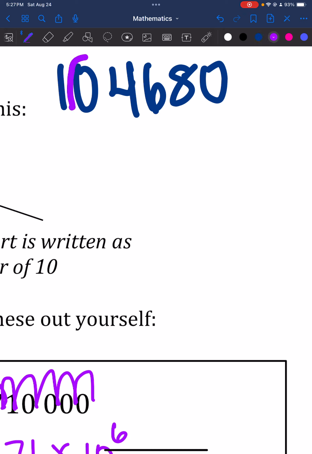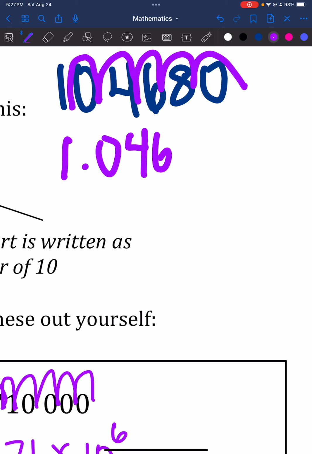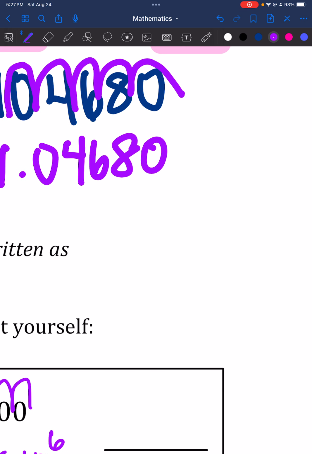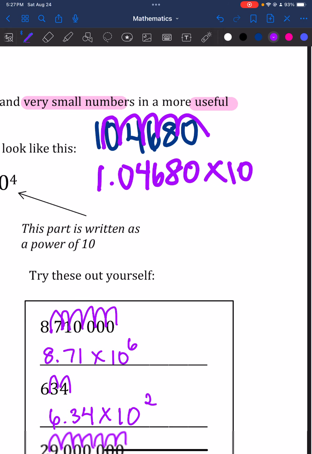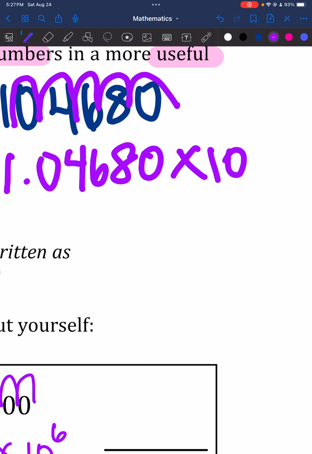We jump 1, 2, 3, 4, 5. So it'll be 1.04680 by 10 to the power of, how many times do we jump? 1, 2, 3, 4, 5, 6.